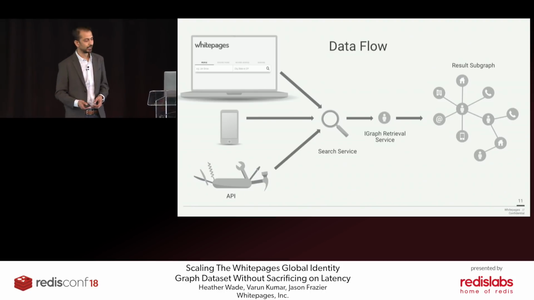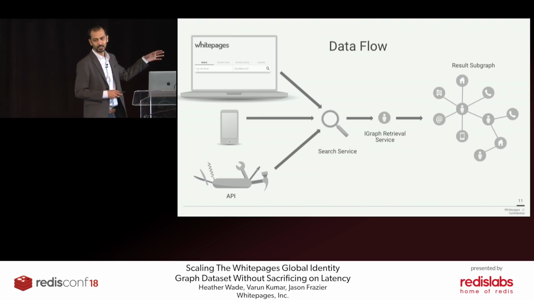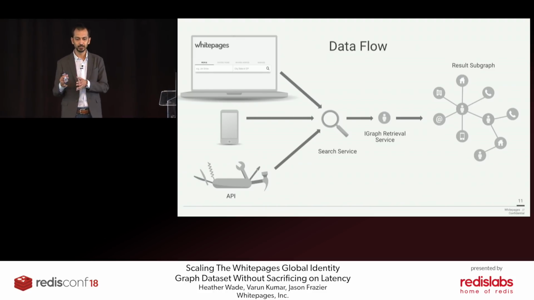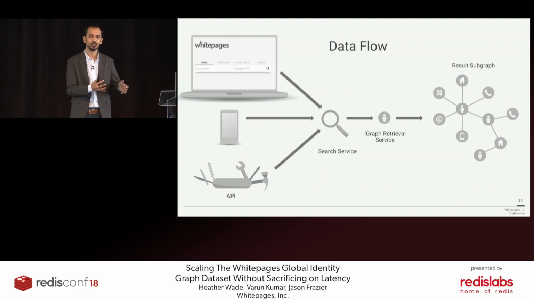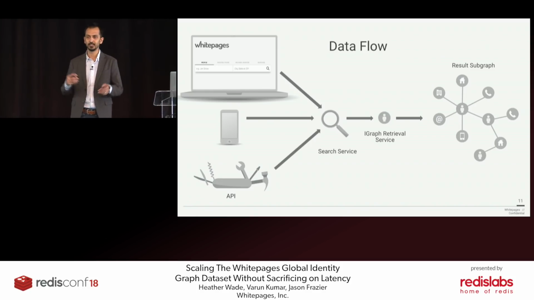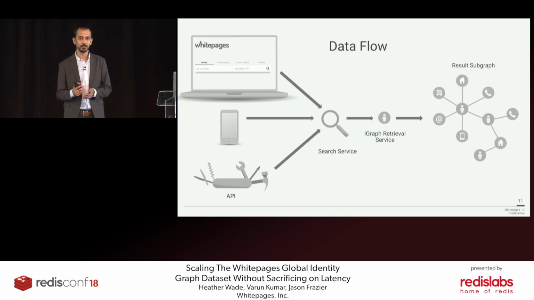So this is the typical data flow, just to understand what's happening. All our properties, which is Whitepages, the free site, or the consumer site as we like to call it, and the premium or the API, all of it essentially serves use cases like reverse address and person lookup. You search for Jon Snow in Westeros, and you'll get someone, maybe not.